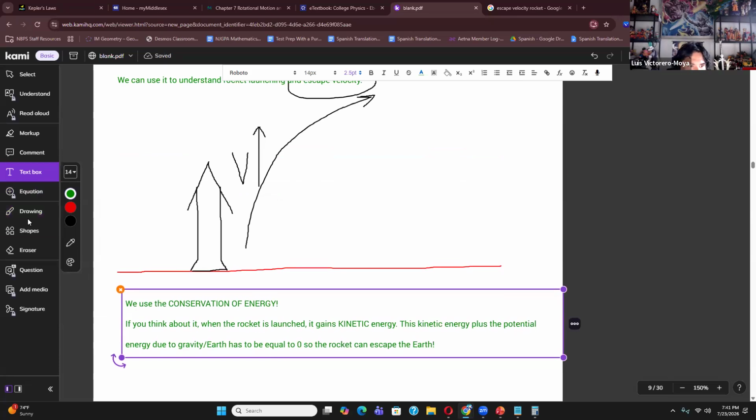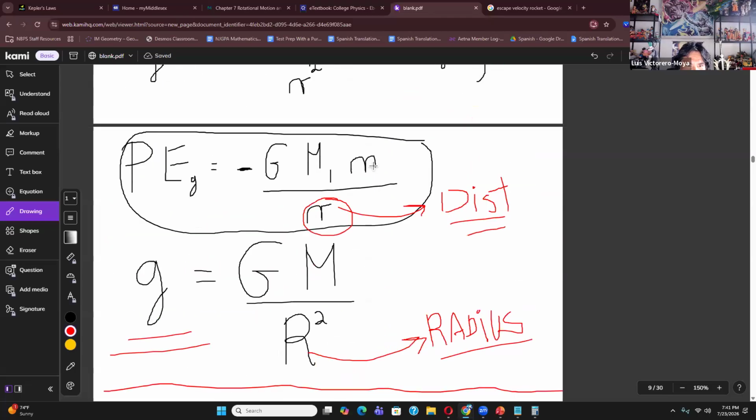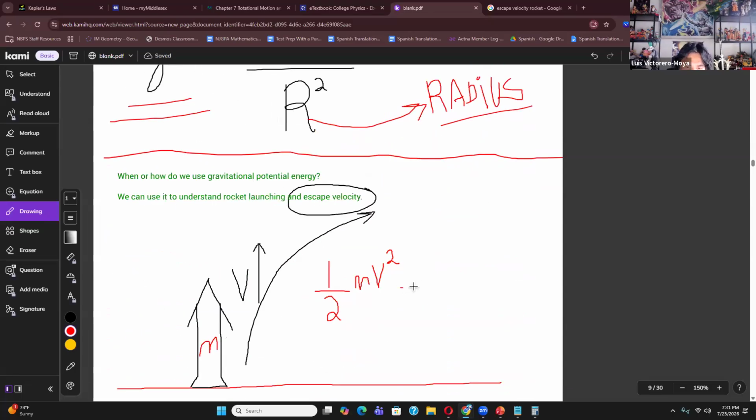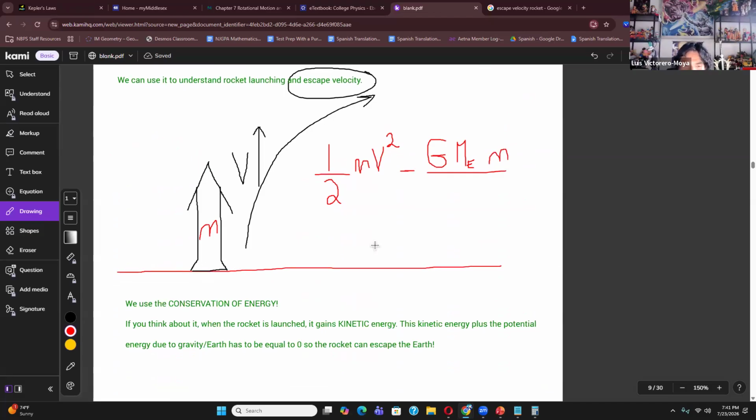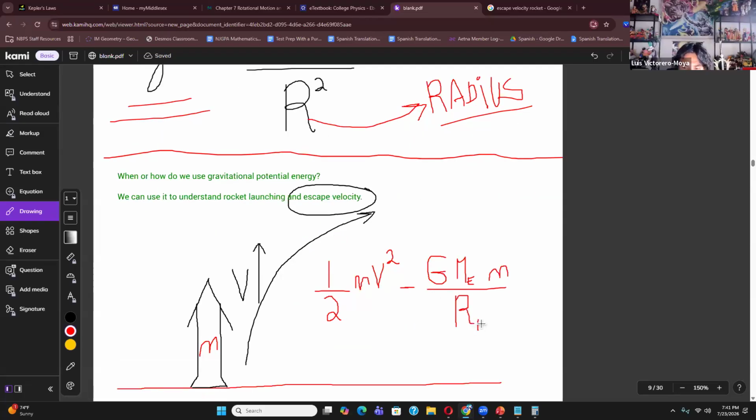So the kinetic energy of the rocket, with m the mass of the rocket, is 1/2 mv squared, plus the gravitational energy due to gravity, that's this, minus G mass of the Earth times mass of the rocket, divided by, if you're on the surface of the planet, this distance is just the radius of the Earth. That has to be equal to 0. All right.